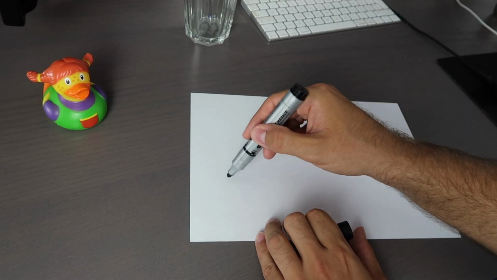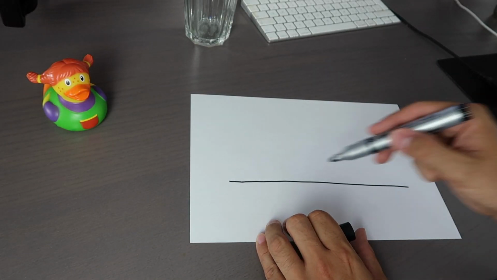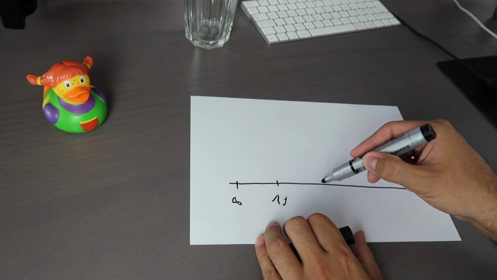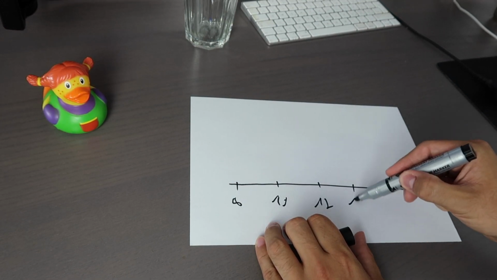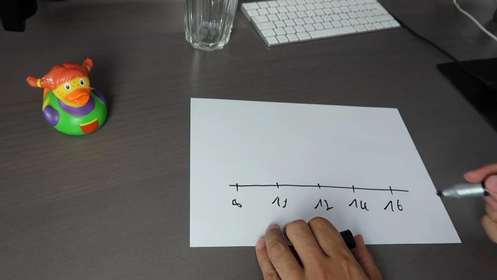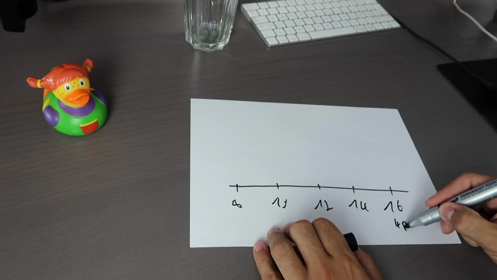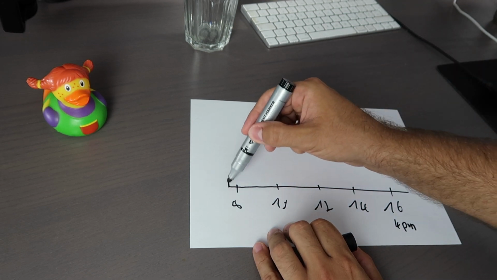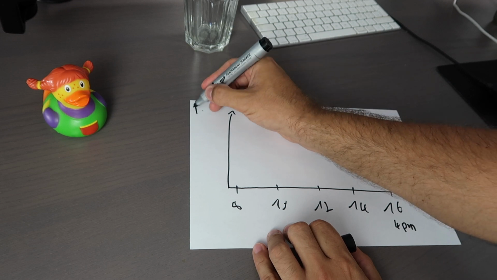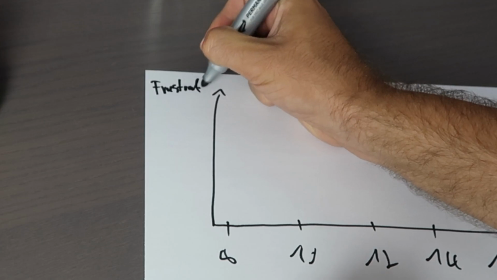Alright, now imagine this is your day. We got the hours, this is like 8, 10, 12, 14, or if you're from the USA, this is 4 p.m. We got 2 scales on both sides. So this one here is what I would call the frustration.